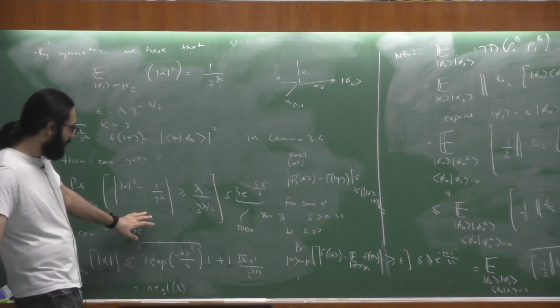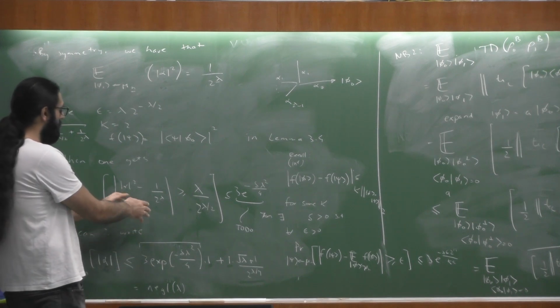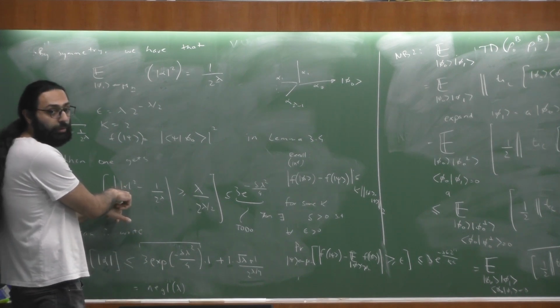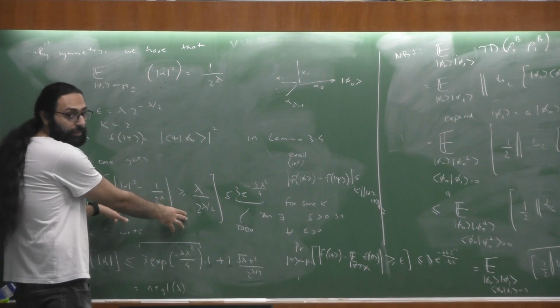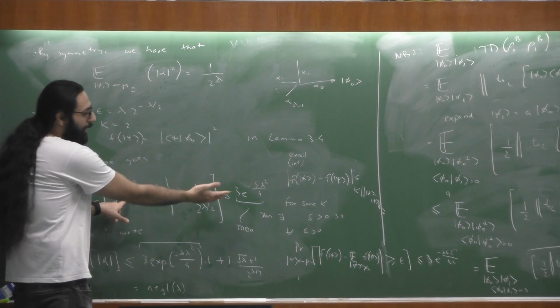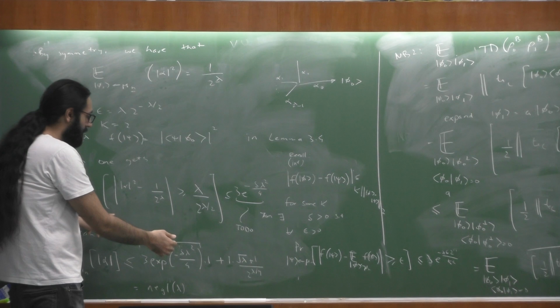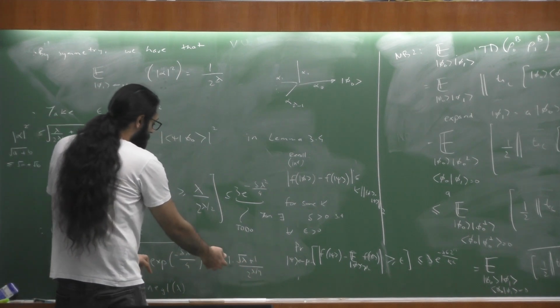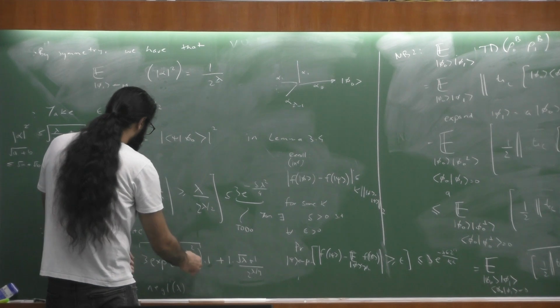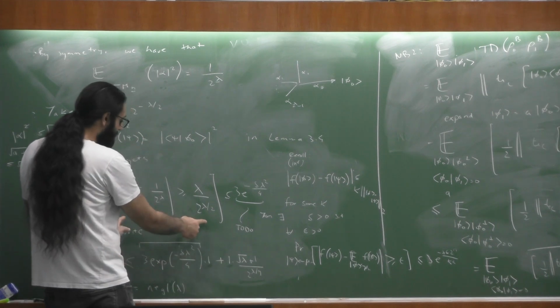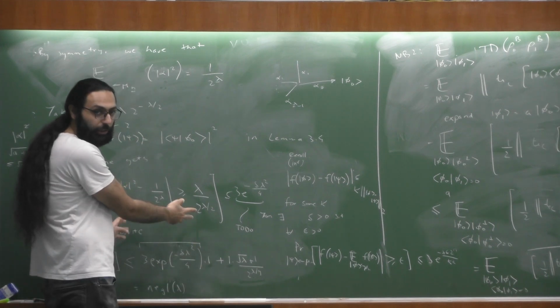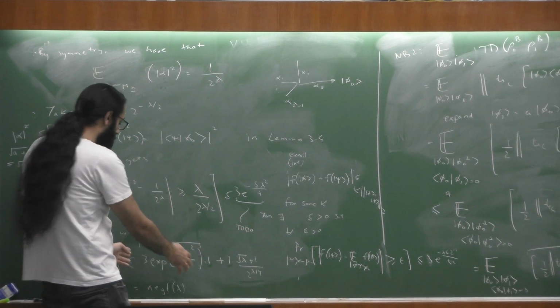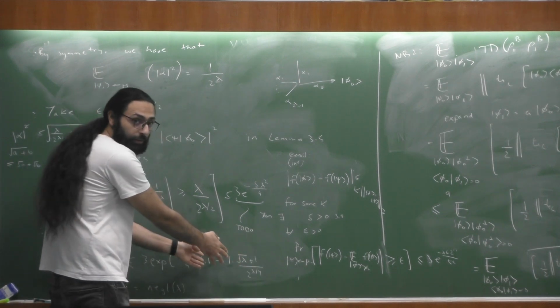This expression says the probability that the random variable has a value greater than this is at most something. So we take two cases. In one case, this bound is satisfied, or this bound is not satisfied. Those are the only two possibilities. So we write down the probabilities for each of them.